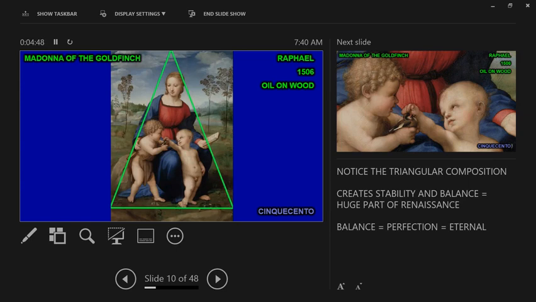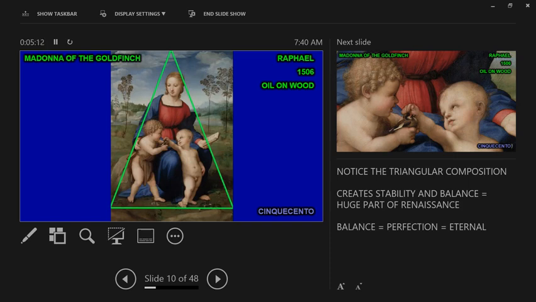The Renaissance artists are very keen about having things balanced. Whatever you do on the left side, you have to do on the right side, and it creates this stable composition. The Renaissance artists were interested in perfection and the eternal, and these solid, even compositions.